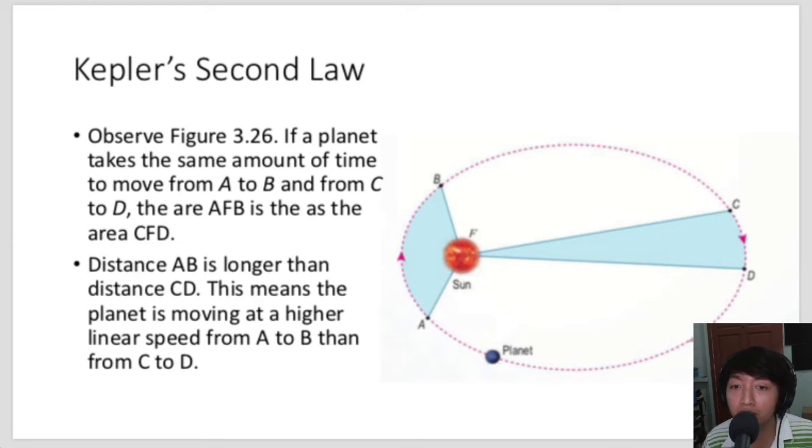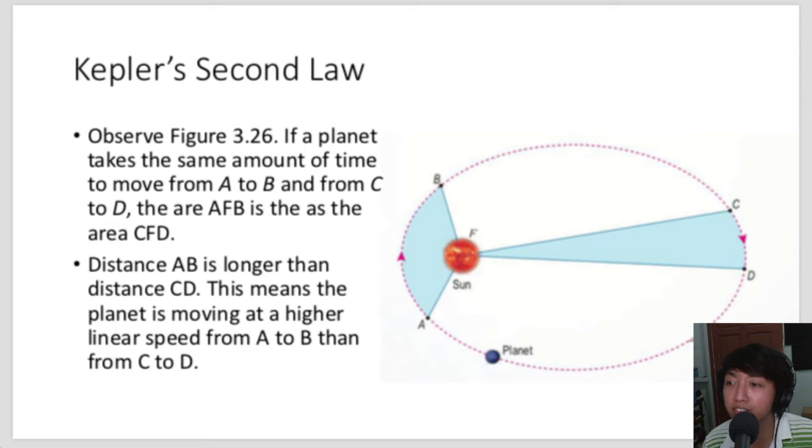All right. If these two travel distances, from A to B and also C to D, take the same amount of time, let's say from A to B is 2 weeks, and from C to D is also 2 weeks. If we were to connect the lines, let's make a line from A to the sun and from B to the sun and take out a section here.